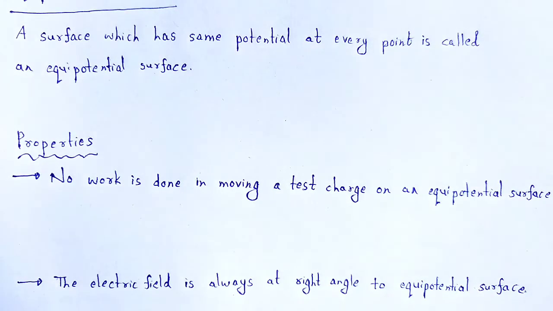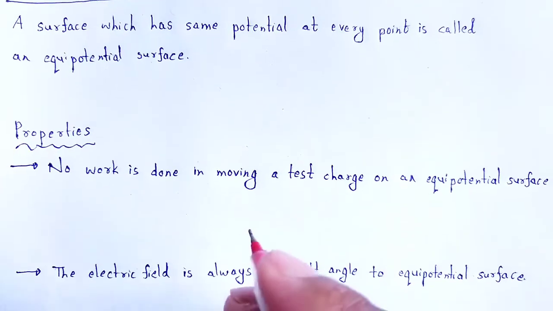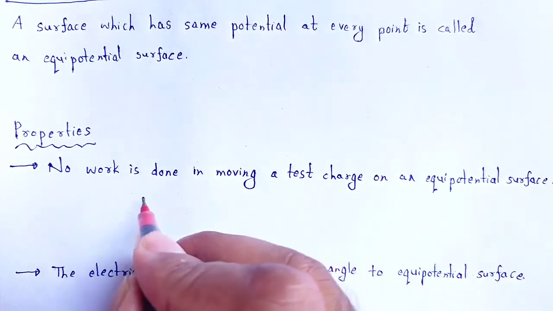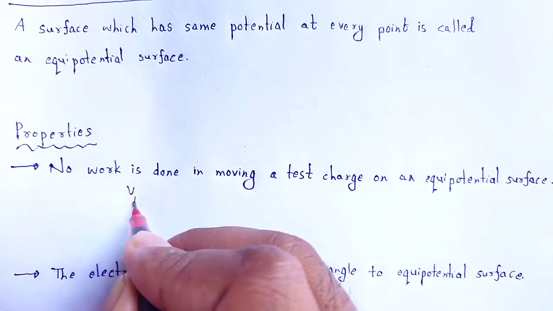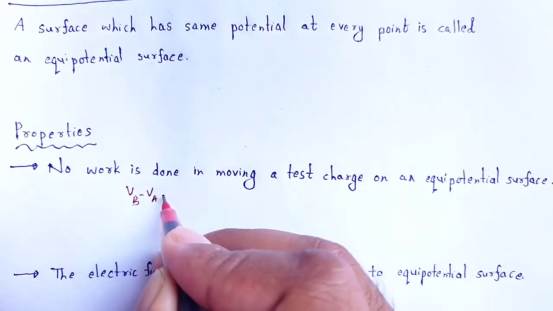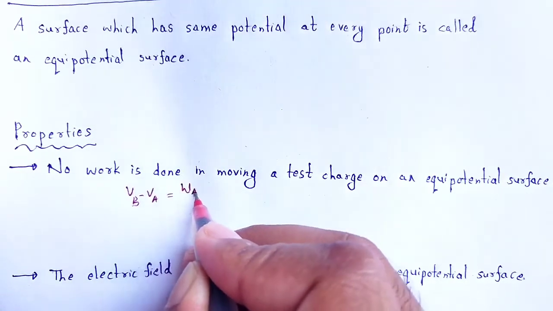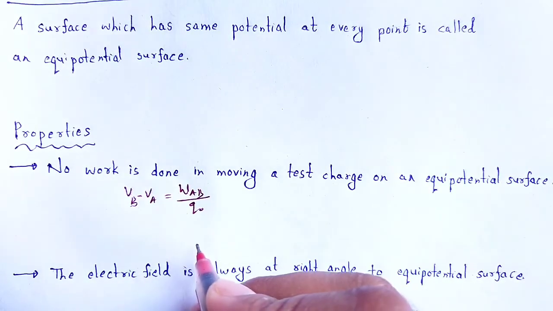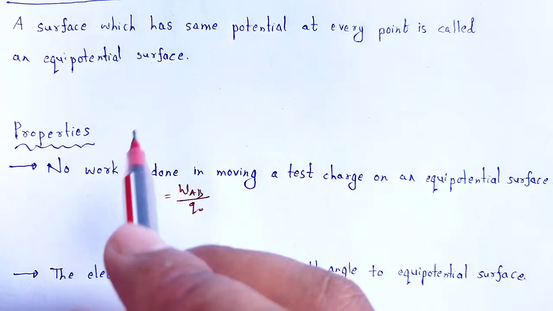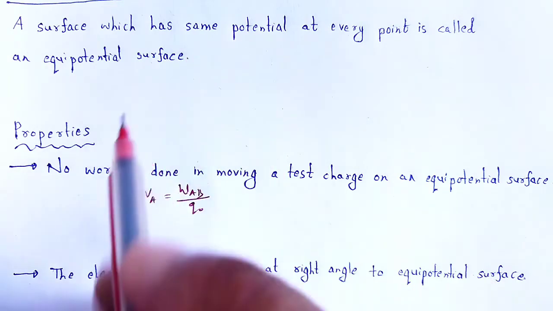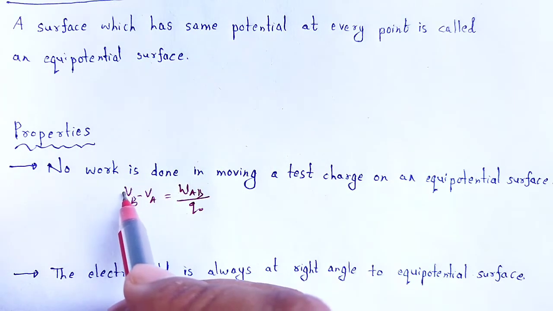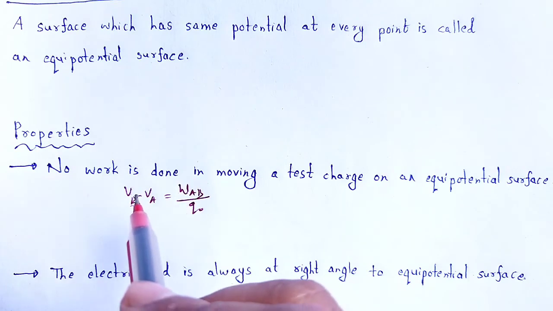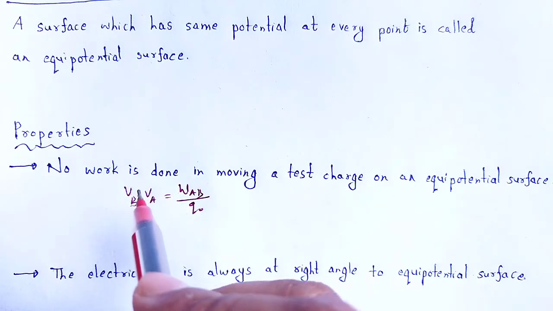As we know from the relation, the potential difference between two points is VB minus VA, which is equal to WAB divided by Q naught, the test charge. Since we consider an equipotential surface, the potential at every point on it will be the same.